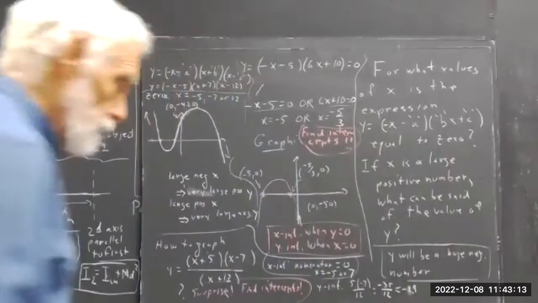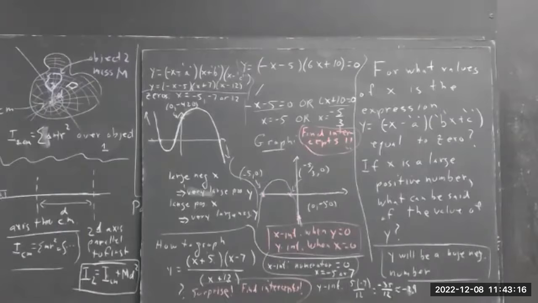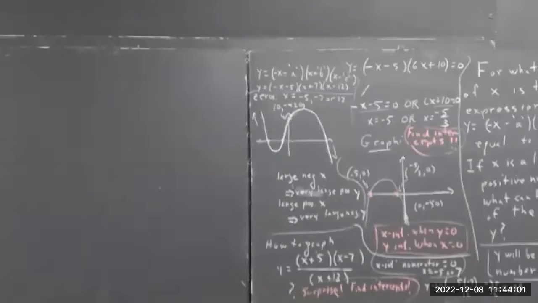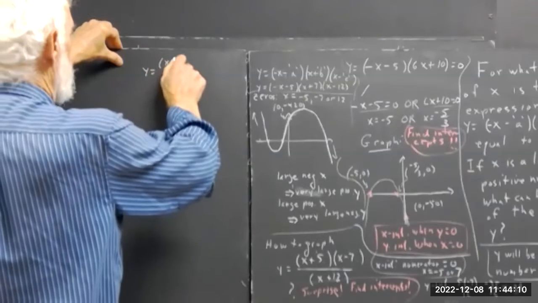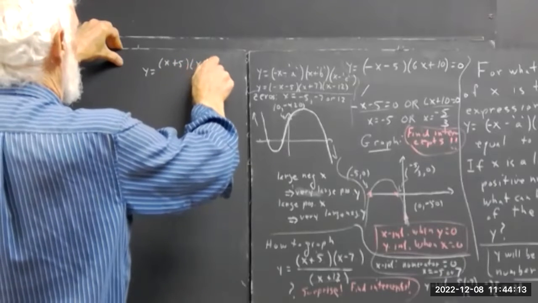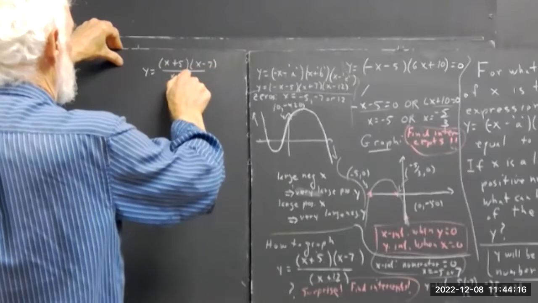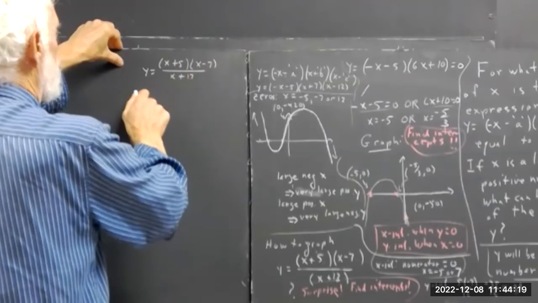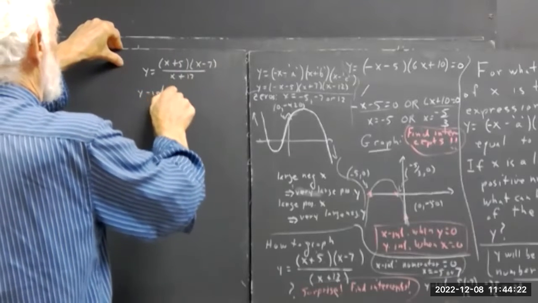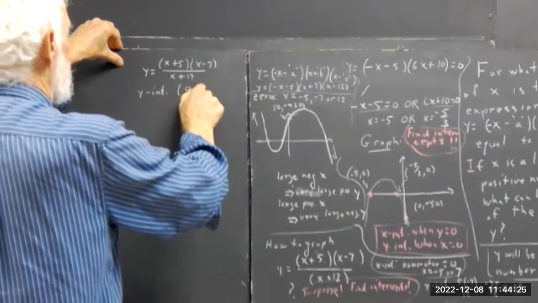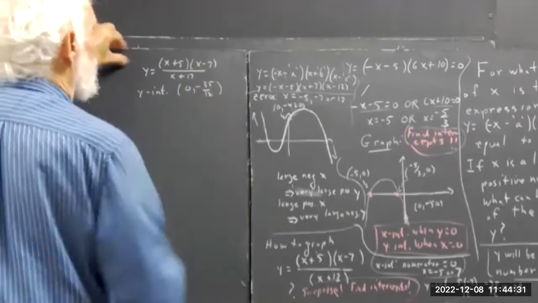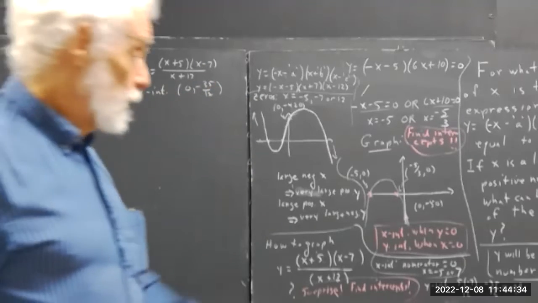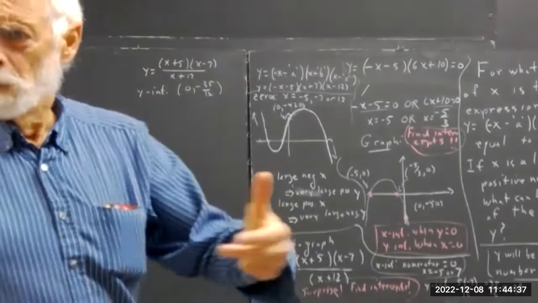Okay, now I'm going to do something about board space. Give me a second. Zero, -35/12. We've noted that's about close to -3, so we know where to put it on the graph.